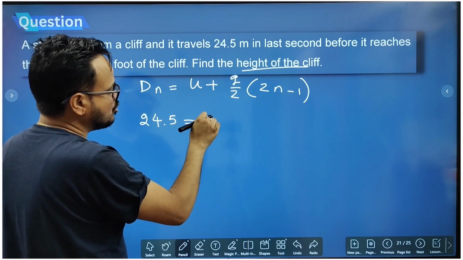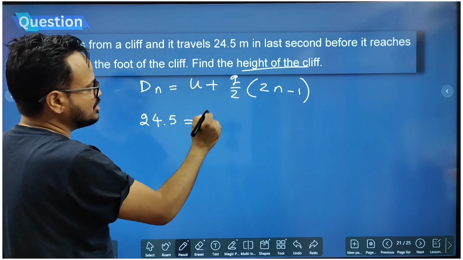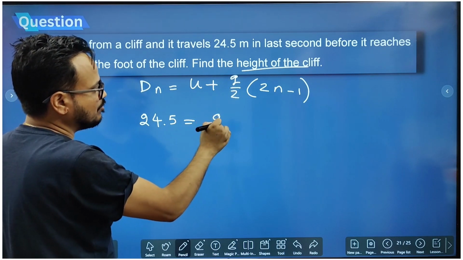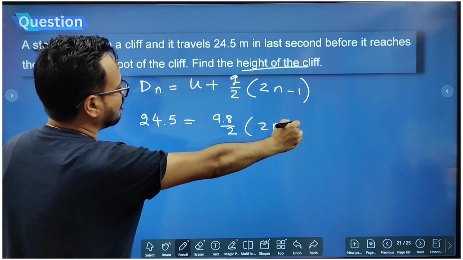The distance traveled in this second is 24.5. u is obviously 0 because it is dropped from the cliff, and g is 9.8 divided by 2 into 2n minus 1.